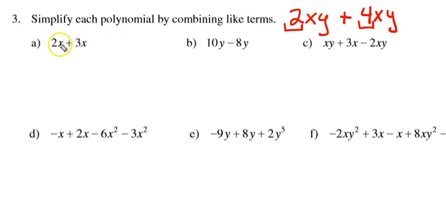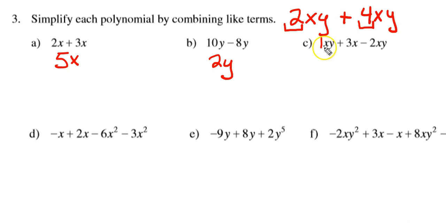So 2x's plus 3x's is 5x's. 10y's minus 8y's leave us with 2y's. Now, keep in mind, if there's no numerical coefficient in front, we can put a 1 there.